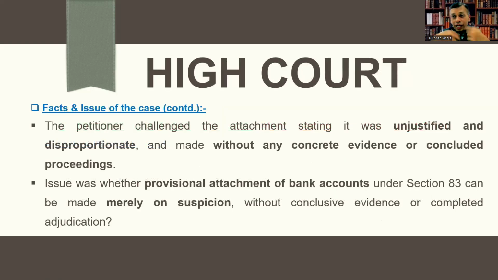The petitioner challenged the attachment, stating it was unjustified, disproportionate and made without any concrete evidence or concluded proceedings. The issue was whether provisional attachment of bank accounts under Section 83 can be made merely on suspicion. That is the important thing in this case law. That is, whether mere suspicion is sufficient without conclusive evidence or completed adjudication was the issue.